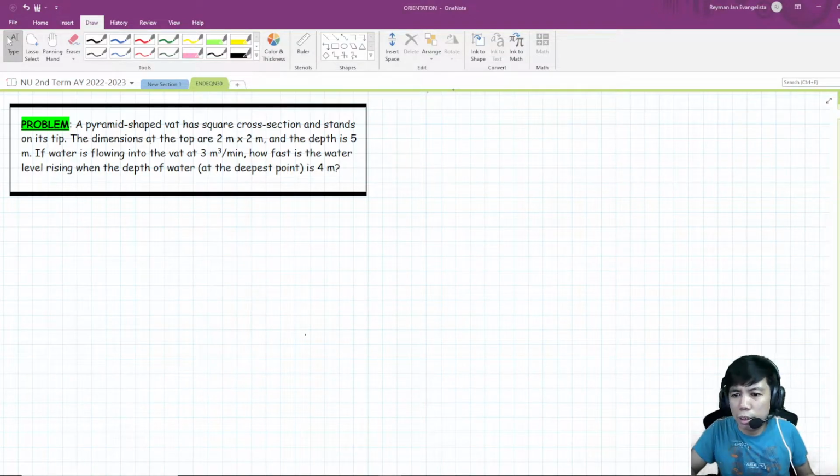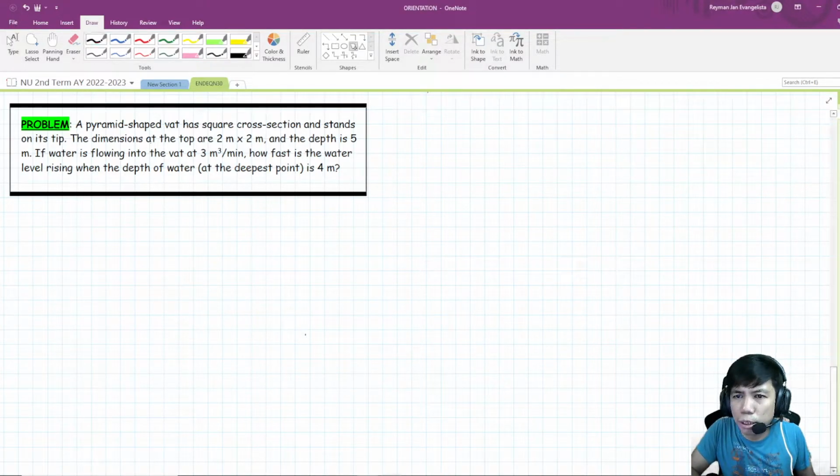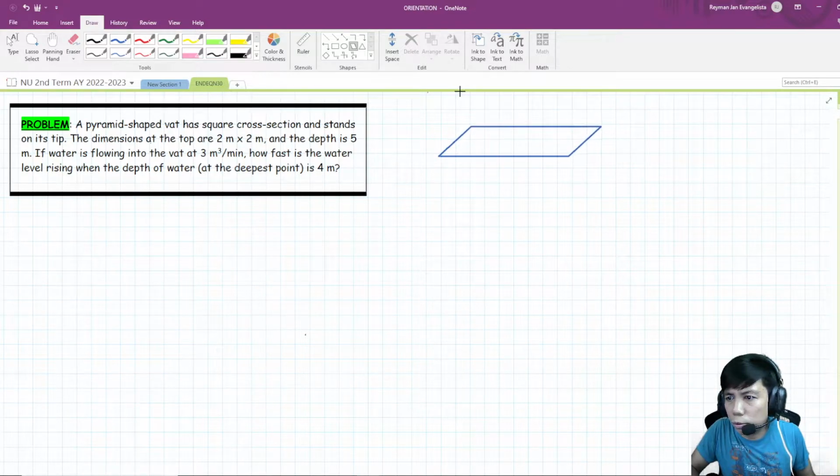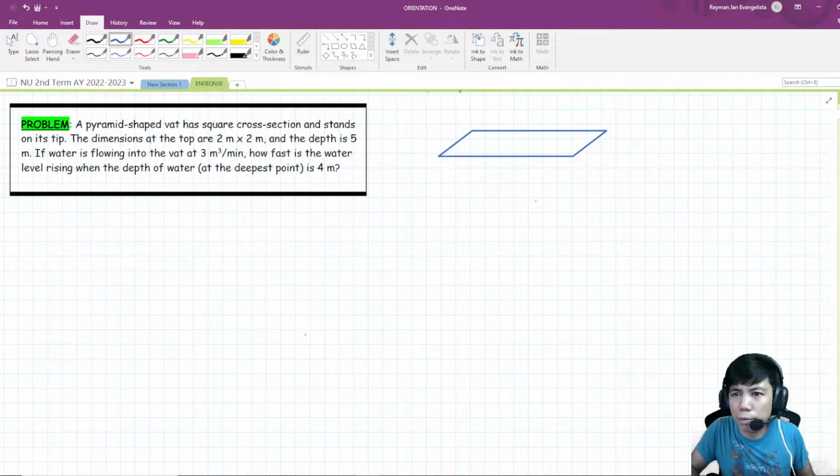Okay? First, let us illustrate the problem. So, mag-draw tayo ng pyramid na naka-invert. So, yung top natin, para meron tayong 3D. Okay.